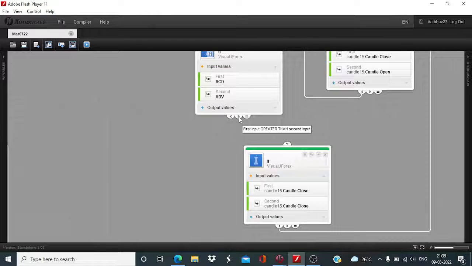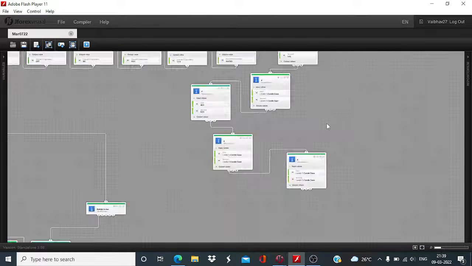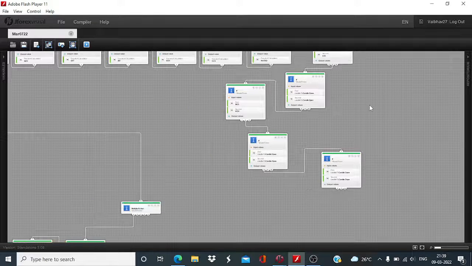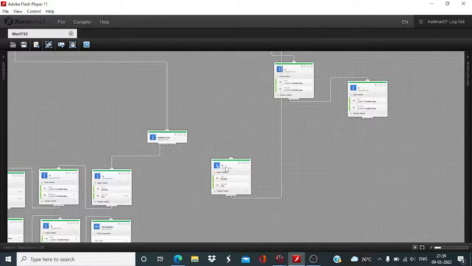First input greater than second input. I will place these blocks on the lower side.